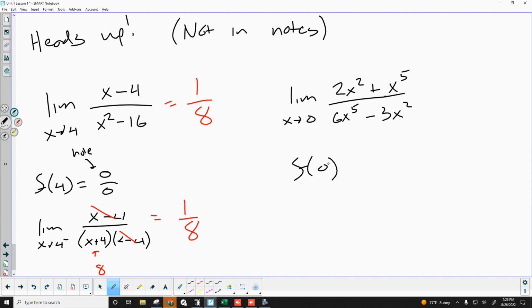When I ask you what's f of 0, and this is already factored and canceled, you're going to give me an answer for that. But f of 0 is undefined. You are not allowed to plug in 0 into this. But you can plug in something close to 0 because you are going to get something in the denominator.